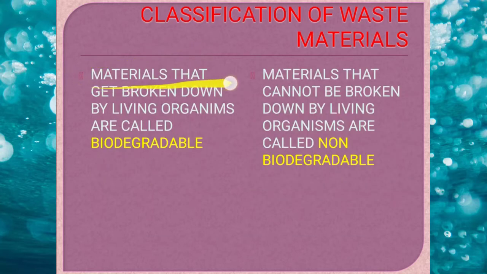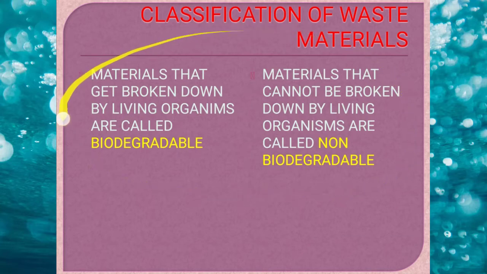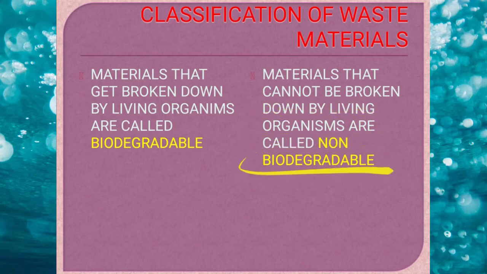Classification of waste materials. Waste materials can be classified into biodegradable and non-biodegradable materials. Materials that get broken down by living organisms are called biodegradable waste. Materials that cannot be broken down by living organisms are called non-biodegradable waste.